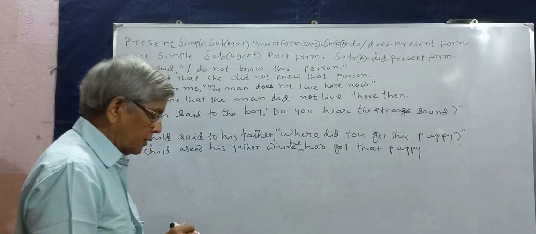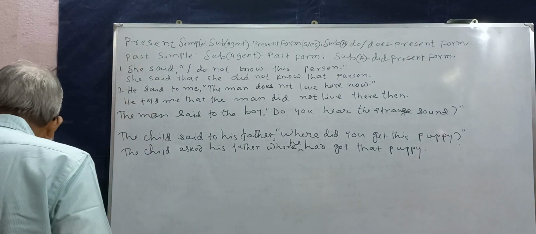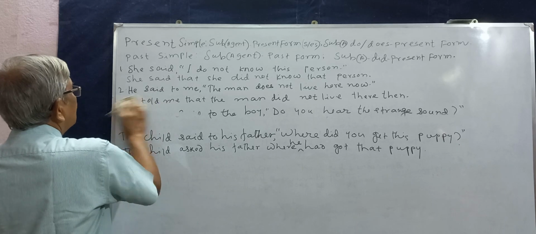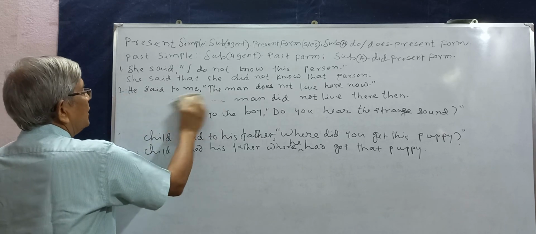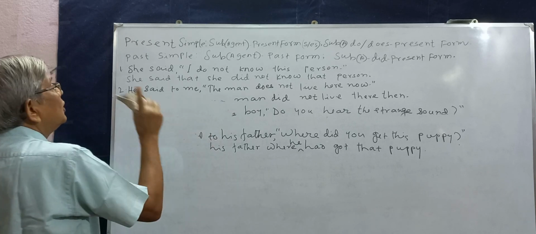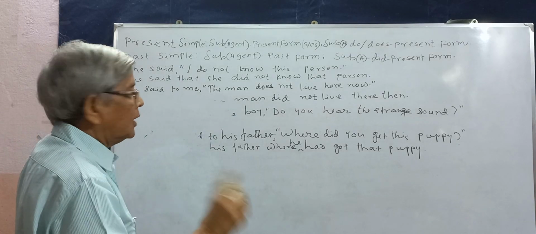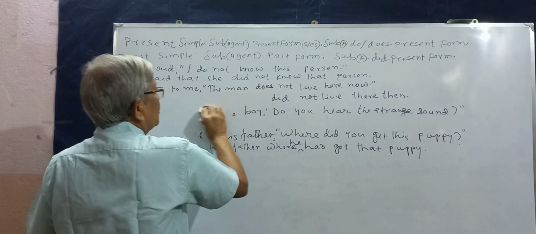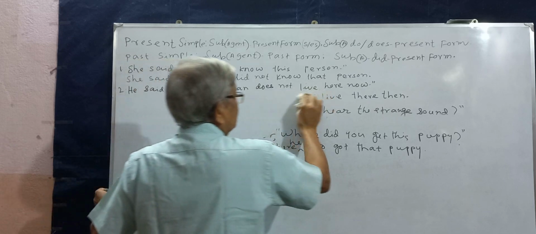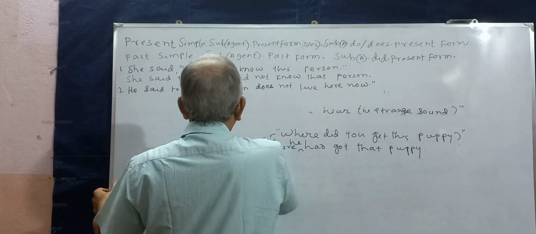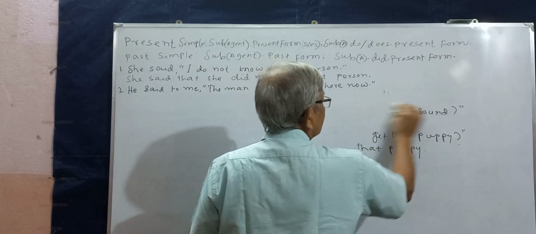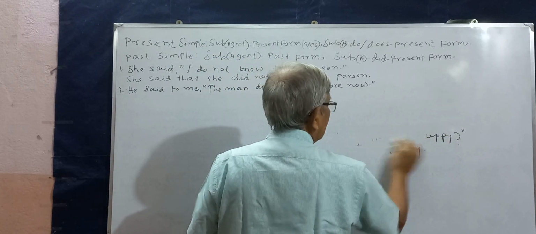Now let us consider a few imperative sentences where we get do in an imperative sentence. If necessary, we can use only do, never does or did, because an imperative sentence is always made, with few exceptions, in the present simple tense. And an imperative sentence also can be positive or negative.